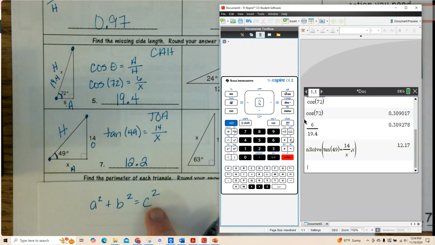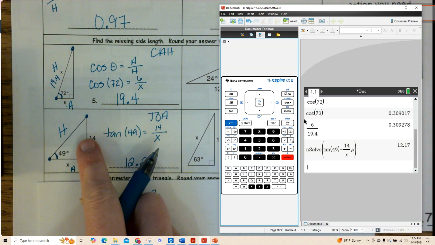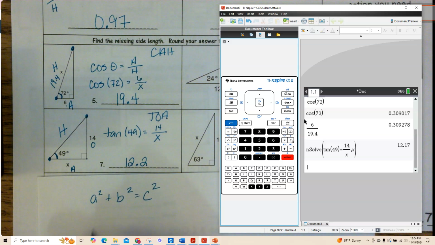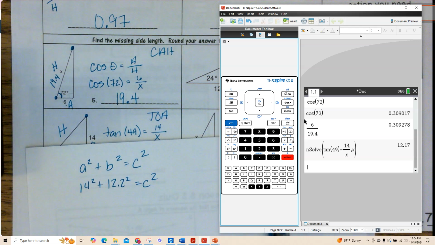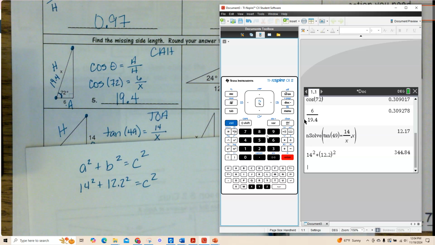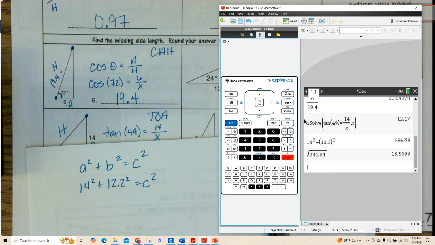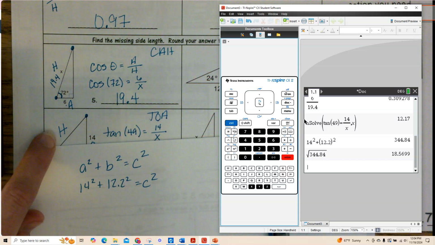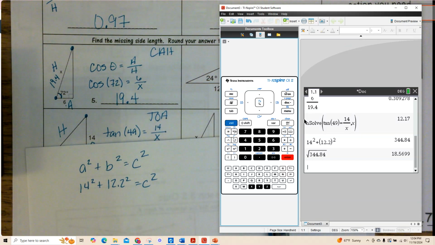Our missing side is the C. I could plug these two numbers in now that I know them. 14 squared plus 12.2 squared equals C squared. And then I could square root that amount. So I know the third and final side too. If you know two sides of a right triangle, you can find the third one.